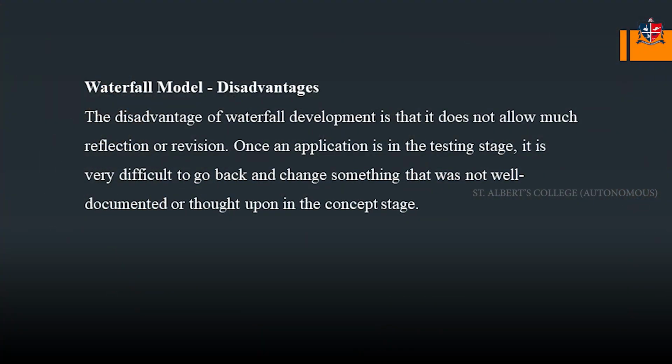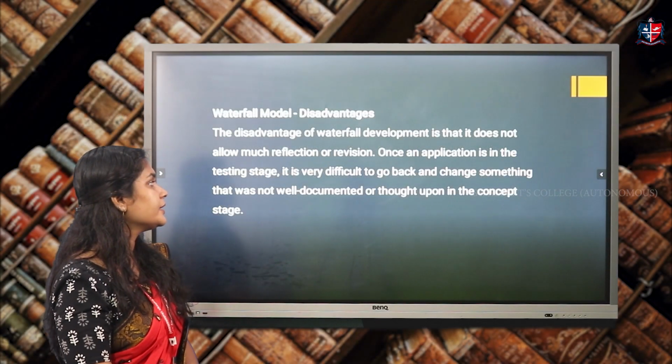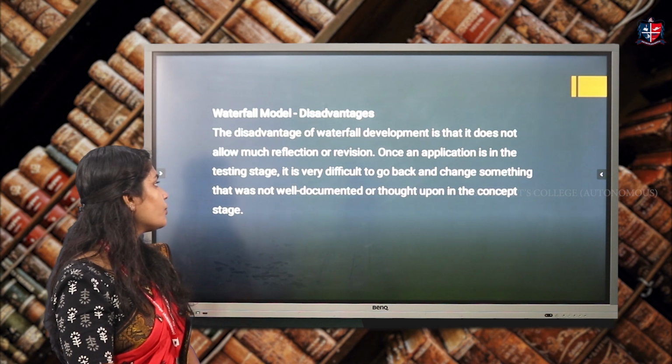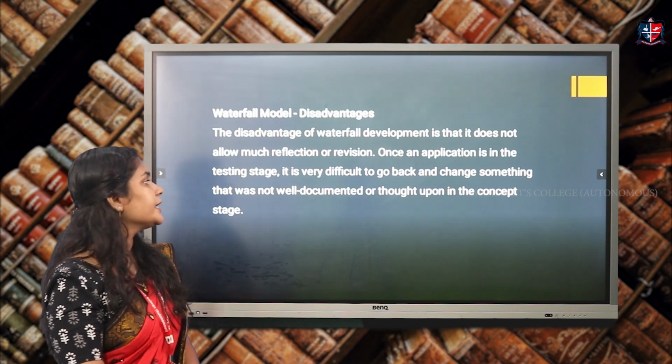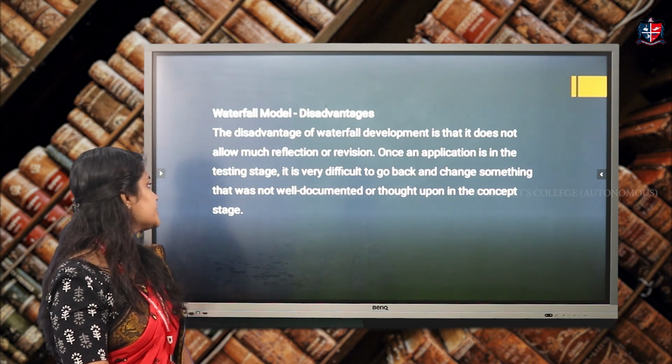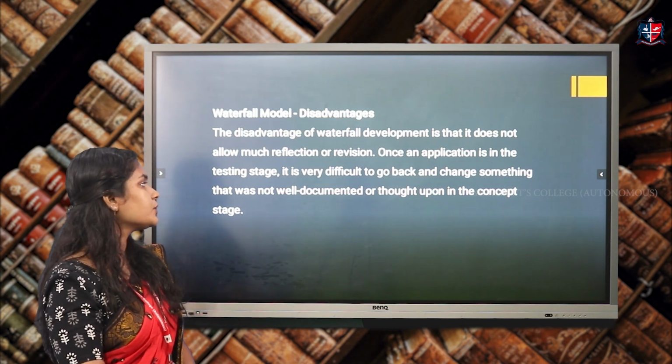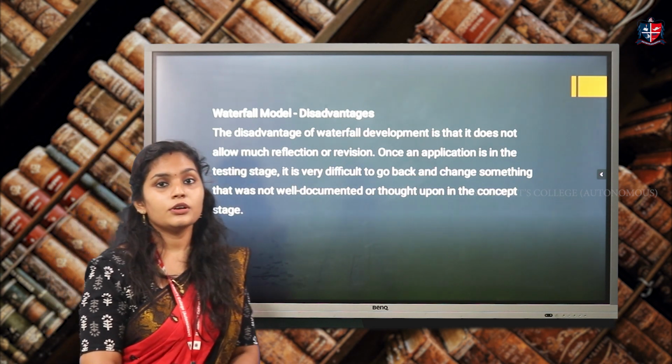The waterfall model also has some disadvantages. The disadvantage of waterfall development is that it does not allow much reflection or revision. Once an application is in the testing stage, it is very difficult to go back and change something that was not well documented in the concept stage.